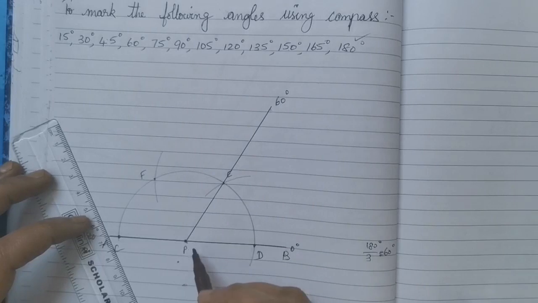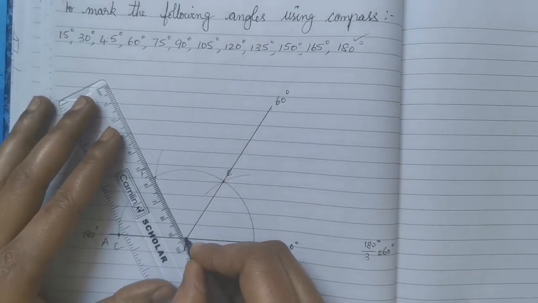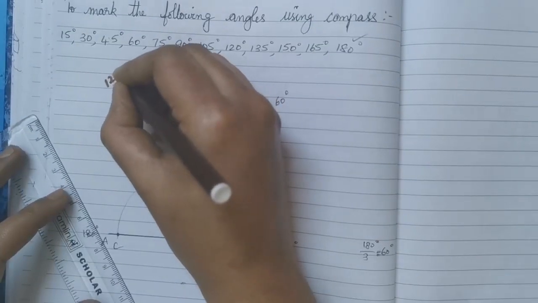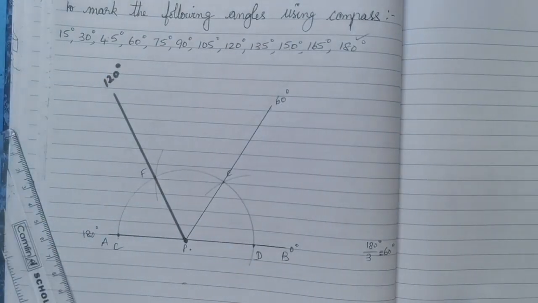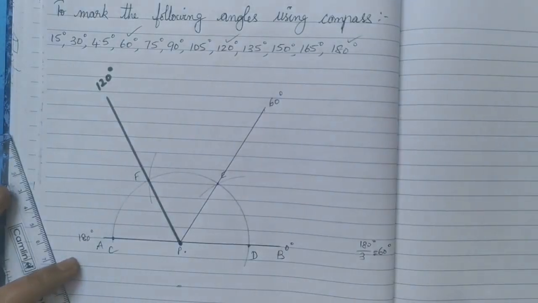And when I join the point P and the point F, I will get 120 degree. So this is 120 degree. Now I am done with 60 degree and 120 degree.